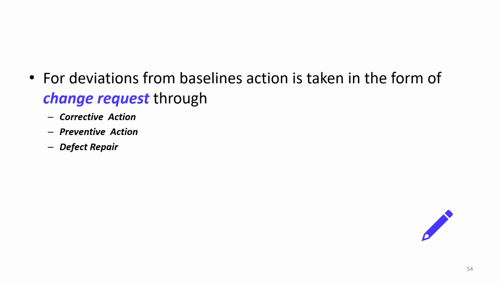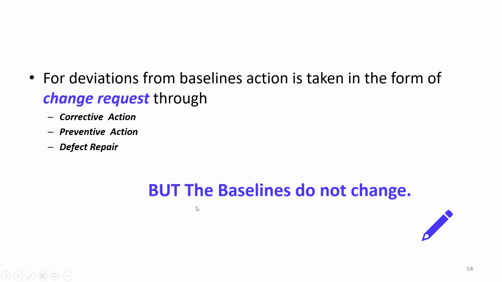Not all of these change requests need approval or perform integrated change control, because they are not altering the baselines drastically, or the project is not going to flop, or become delayed, or lose value. In those cases you don't need perform integrated change control. A simple change request can help. So deviation action is taken in the form of a change request through these 3 actions: corrective, preventive, and defect repair, but the baselines do not change. The baseline is still intact.